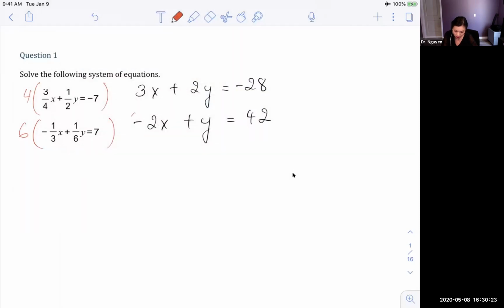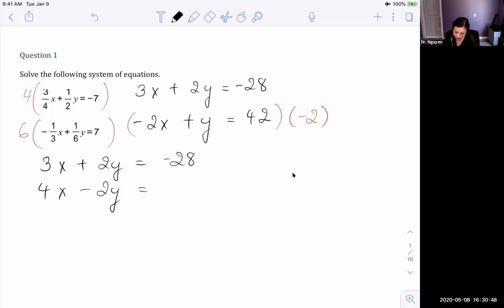So I'm just going to multiply the bottom one by negative 2 to create the opposite of the first one. Let me just copy the first one right here: 3x plus 2y equals negative 28. Now, if I multiply the bottom one, I end up with 4x minus 2y equals negative 84. Okay, now you can see that we can eliminate y, and we end up with one variable.